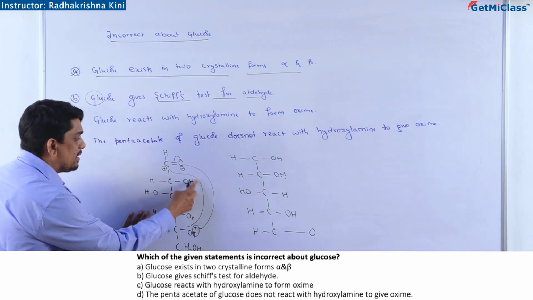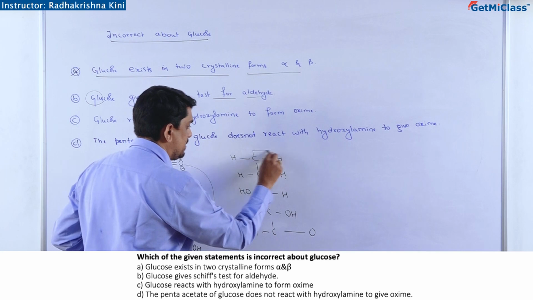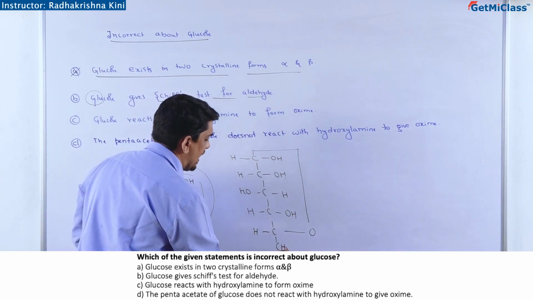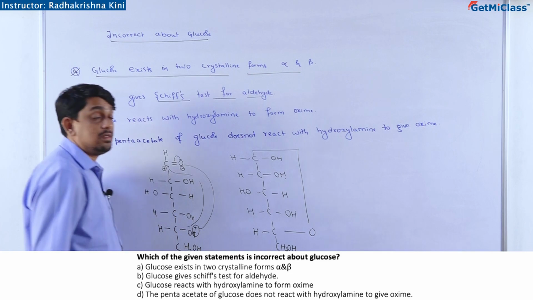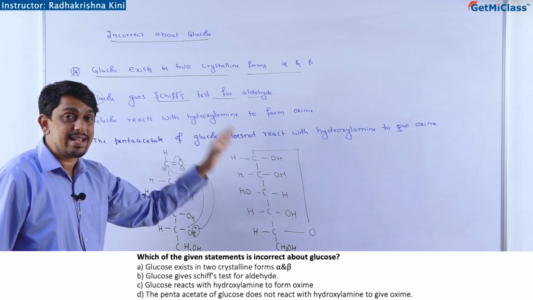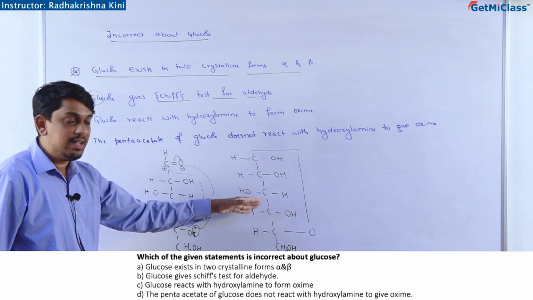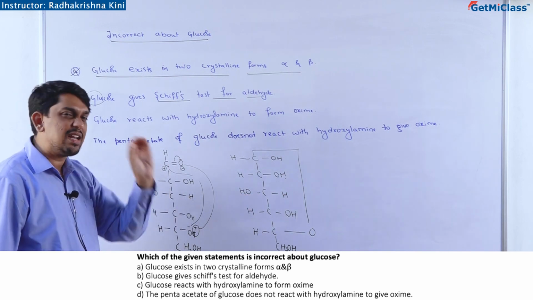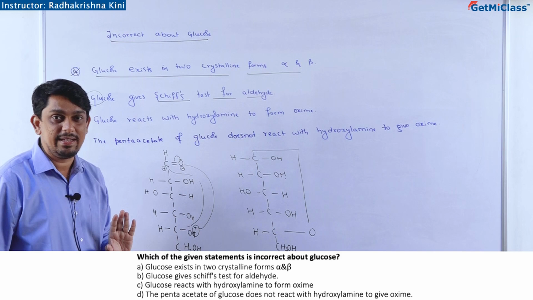That O will connect to this carbon. So CH2OH I am writing as it is. So more than 95% of the glucose exists in the cyclic form, okay, and this is the open chain structural formula that exists in a quite smaller quantity.